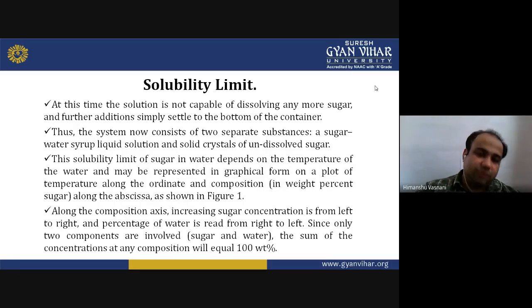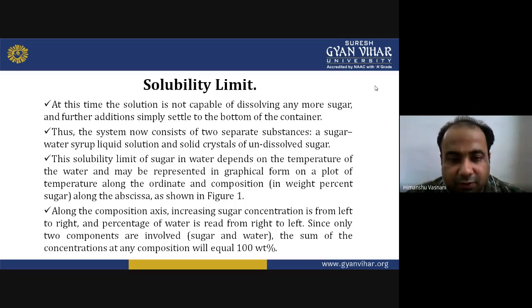At this time, the solution is not capable of dissolving any more sugar, and further additions simply settle to the bottom of the container. So the system now consists of two separate substances: a sugar water syrup liquid solution and solid crystals of undissolved sugar.